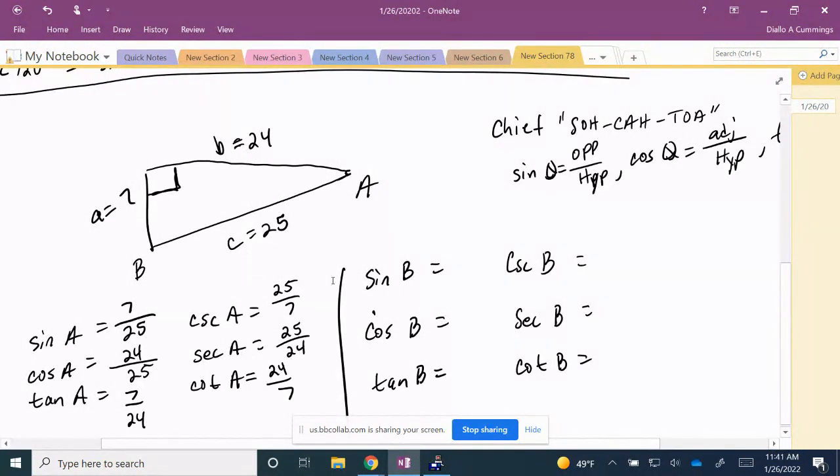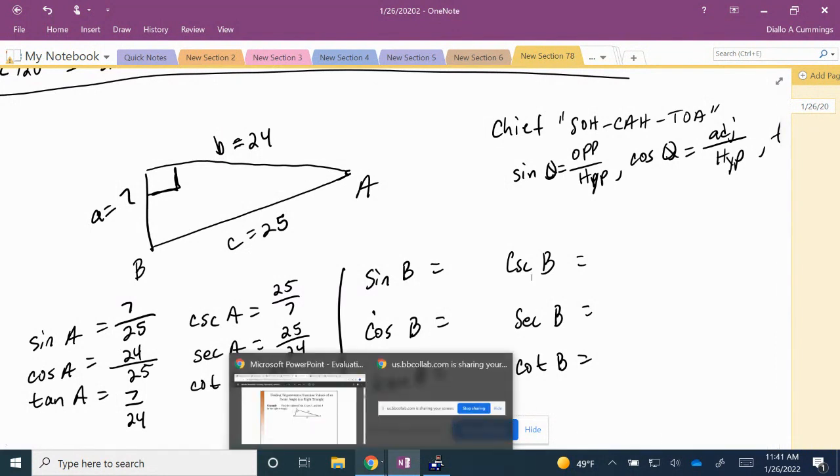I'm going to give you a couple of seconds to work out the problem, and then we're going to return with the solution.